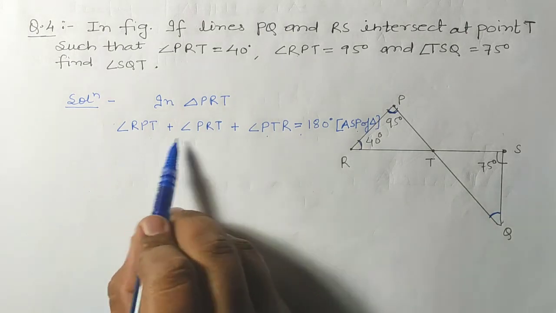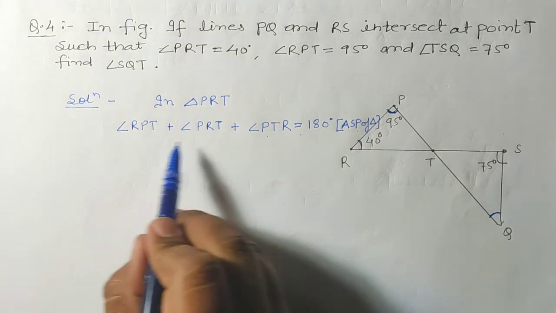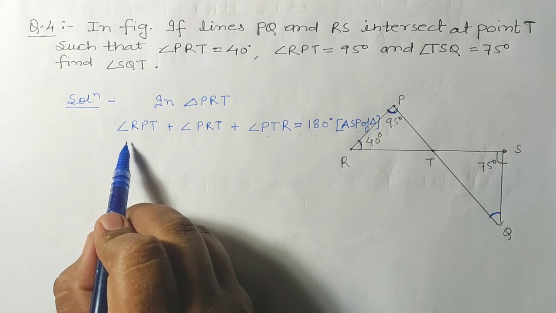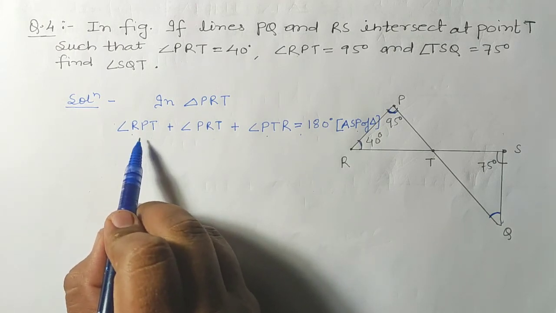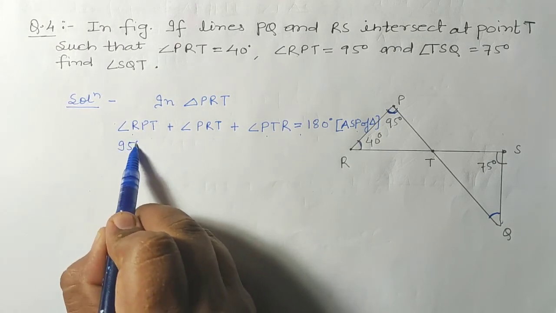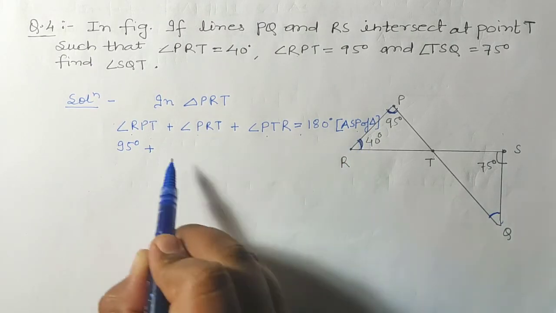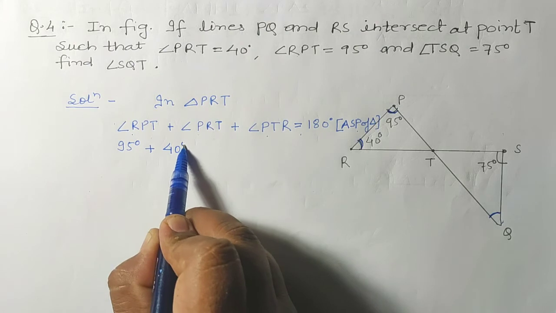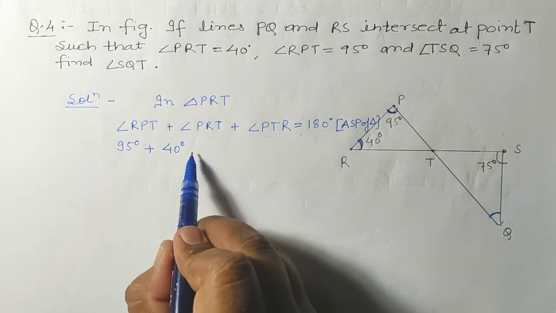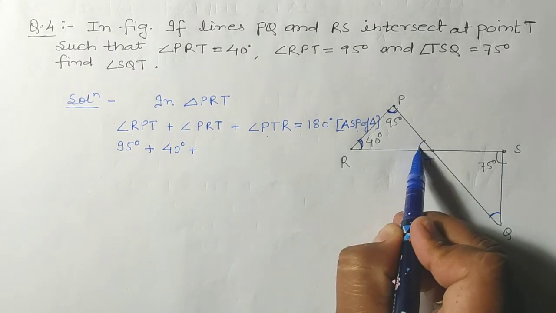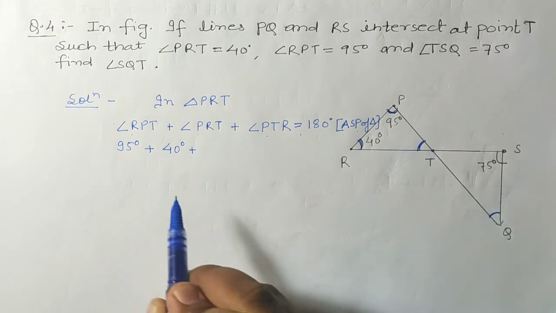Now we have the values of two angles. Angle RPT is 95 degree plus angle PRT, this angle, is equal to 40 degree, and angle PTR, this angle, we have to find out.